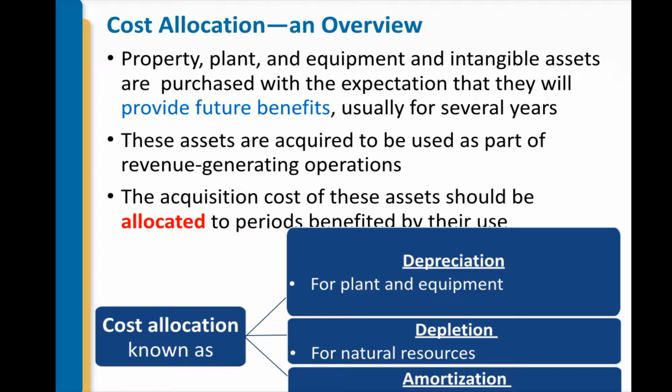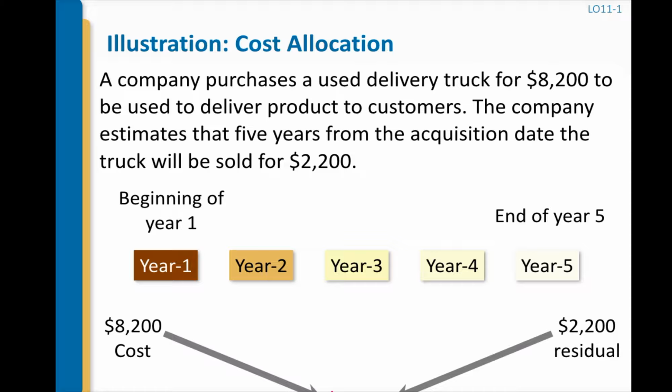So given those numbers, $6,000 of the truck's purchase price will be used up or consumed during the 5-year useful life that they are estimating they're going to have this vehicle. So this is basically just a little pictorial demonstration of that.